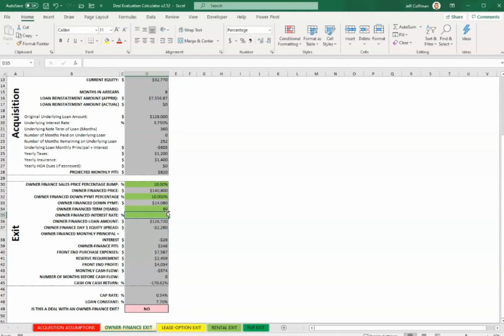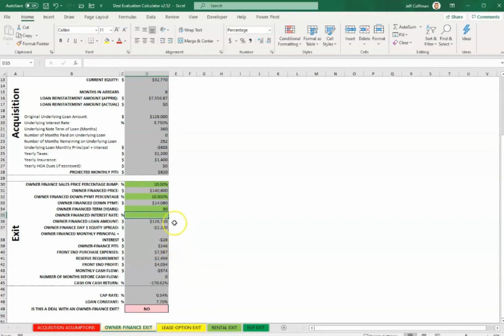This is where the owner finance interest rate is, this is where I'm going to create the spread between what my monthly payment is right here on the underlying note and what the new buyer is actually going to be paying me per month.